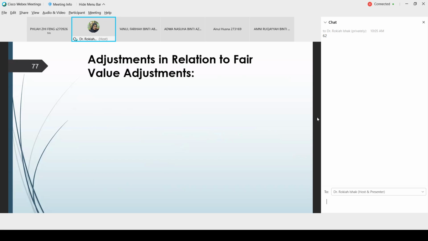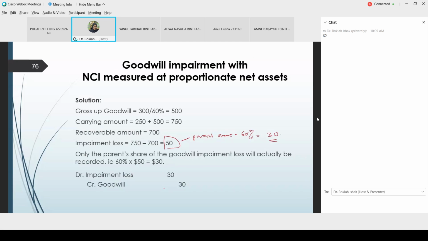Okay, so any questions that you have for goodwill? Please, do you understand this one? For the goodwill here, it depends on the method that we are using. If that one is NCI based on the fair value, we don't have to do any adjustment, just calculate as a normal one. But if that one is based on proportionate, you need to gross up that amount. Please make sure that you remember the diagram statements.